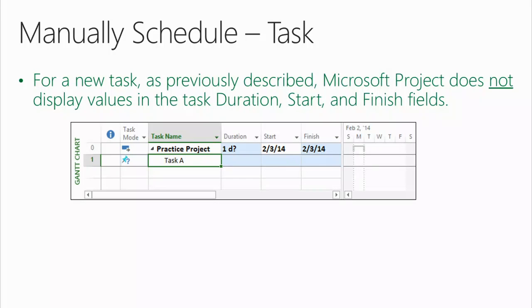All right, so let's give this a try. Let's go into Project and put in a new manually scheduled task. And again, we already saw this. For a new task, as previously described, Project does not display values in the task duration, start, and finish fields. Again, remember that word there. Keyword is display.